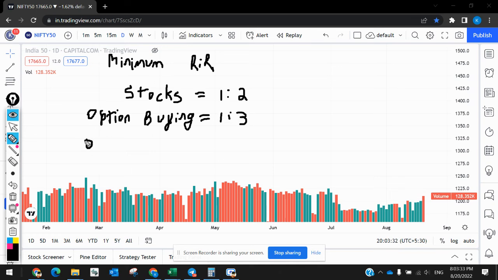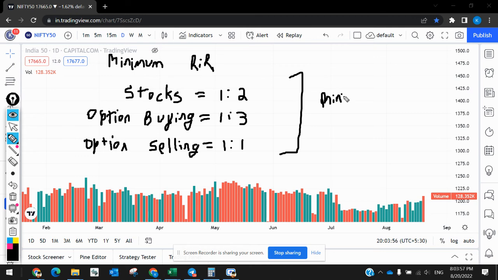And for option selling, it is 1 is to 1. If you are not getting this much minimum, then the trade shouldn't be taken.